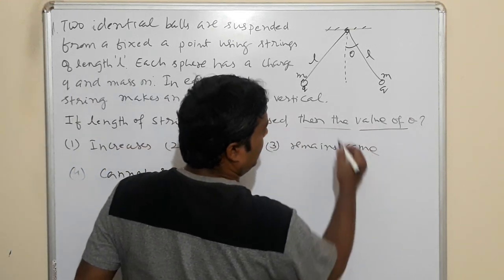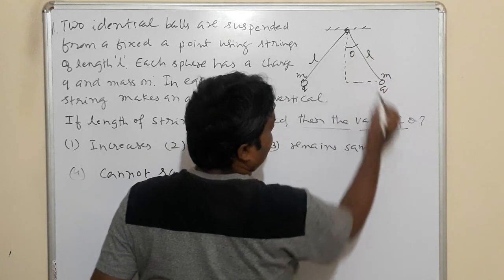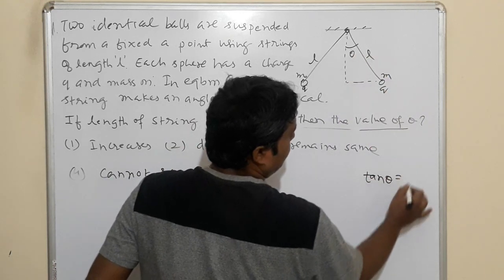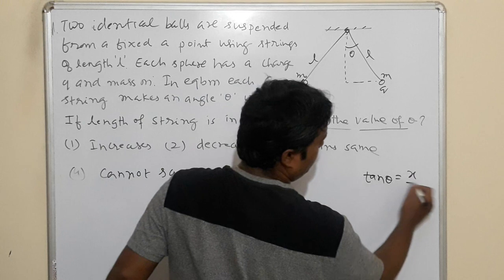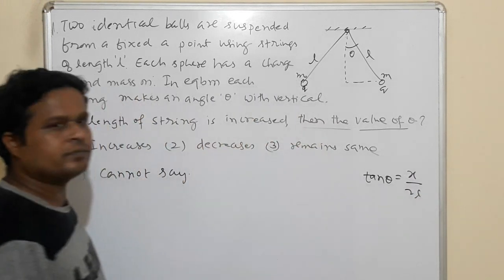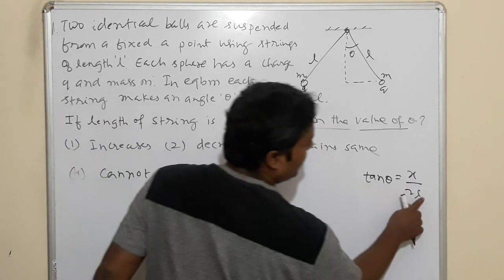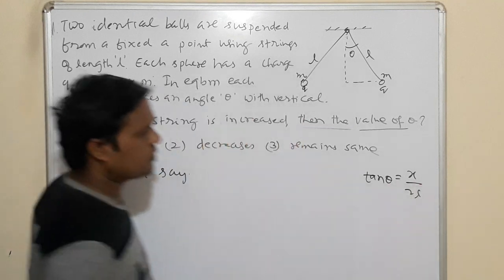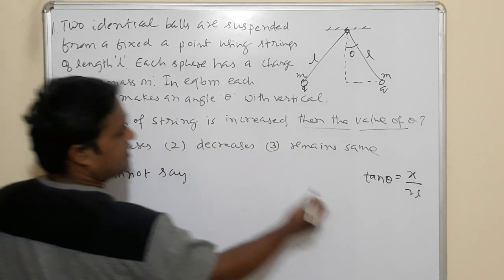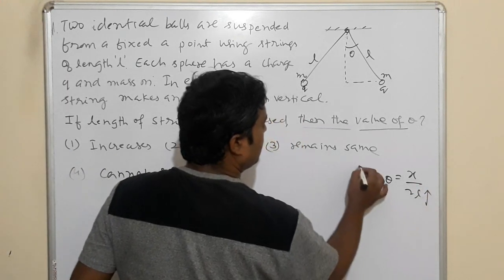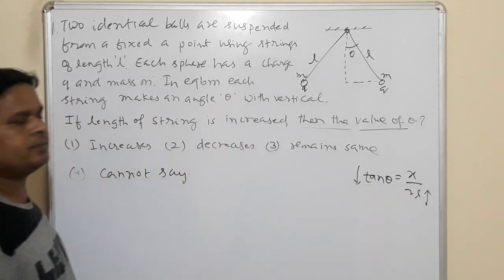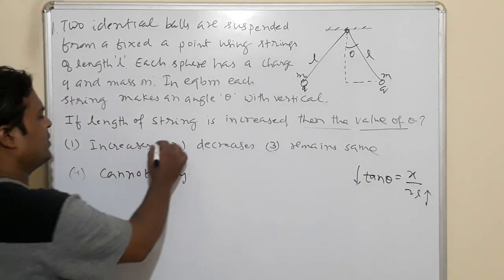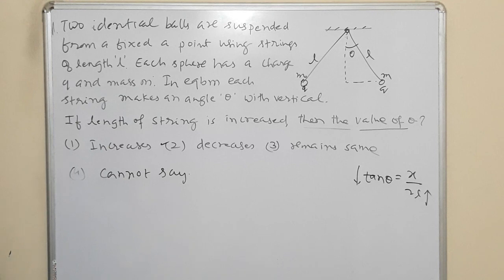In the beginning only I told how to calculate tan theta geometrically. Tan theta is equal to what? x by 2L. What is the relation between theta and L? Inversely proportional. If length is increased, theta must decrease. Very simple, decreases.